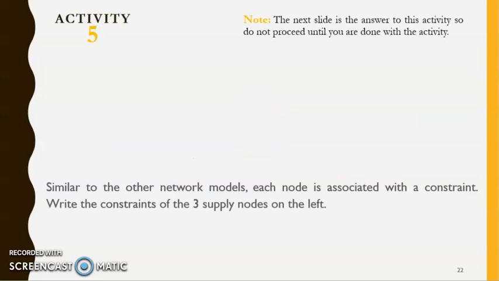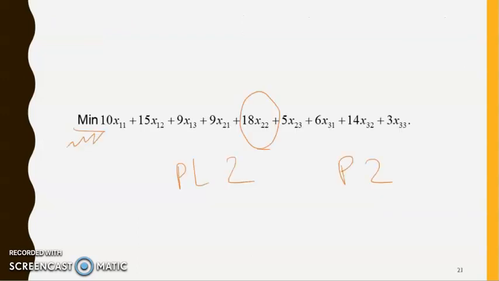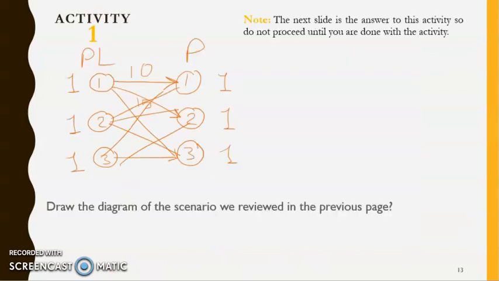Okay, let's go to activity 5. Similar to the other network models, each node is associated with a constraint. Write the constraint of the 3 supply nodes on the left. Since it is a start point, it is asking you to start with the supply nodes. Let me give you this point also, my friends.